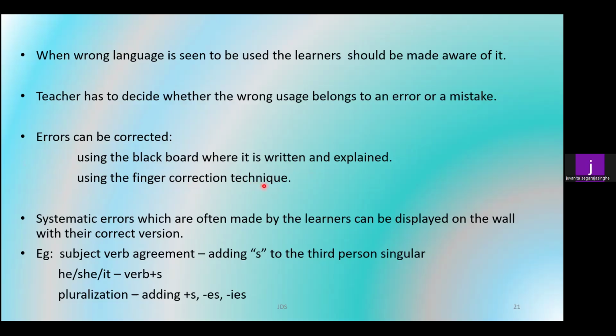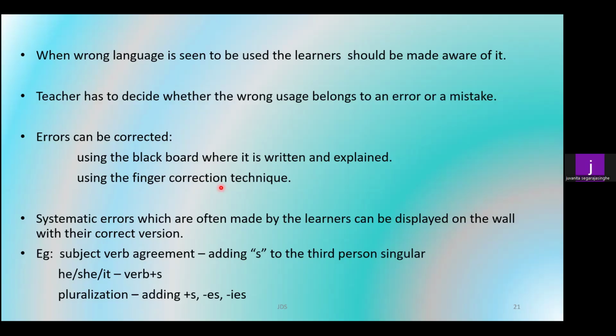You use the 5 fingers that you have on your hand and correct the errors by pointing out. For example, if you're trying to teach them contractions, like "I will", then you put both fingers together to indicate that they need to use a contracted form there.